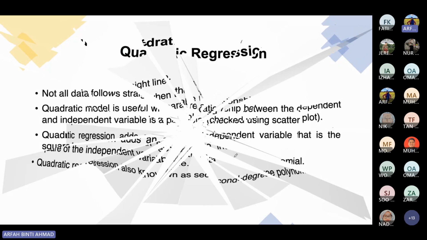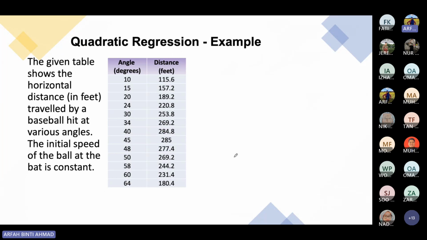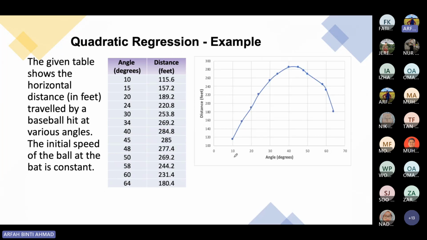Okay, so from here, for example, we have data showing the horizontal distance in feet traveled by a baseball hit at various angles. The initial speed of the ball at the bat is a constant. So we have this is the angle and this is the distance. In this case, angle is your x and distance is your y.